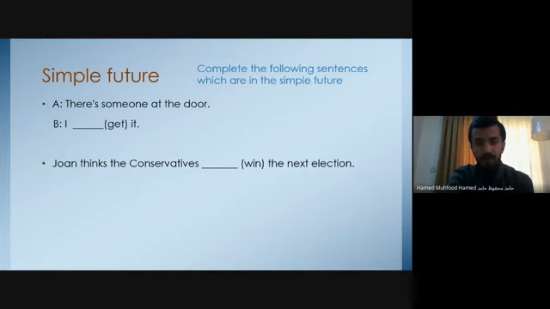Juan thinks the conservatives win the next election. What should we do? What should we do here?